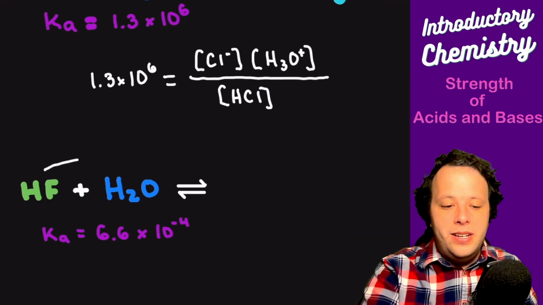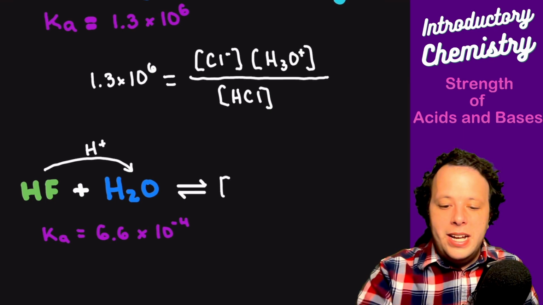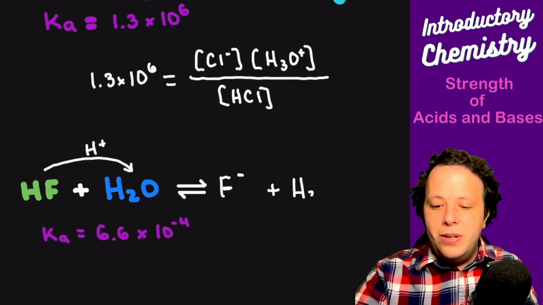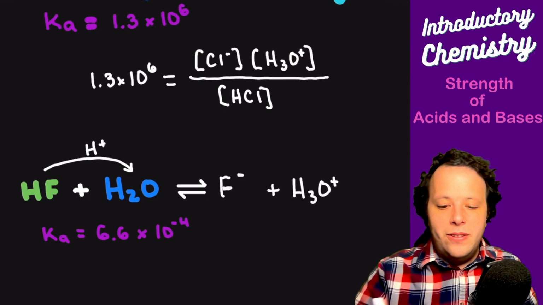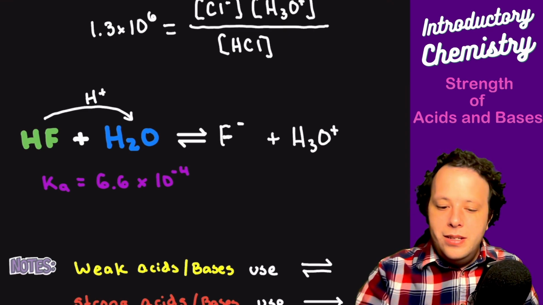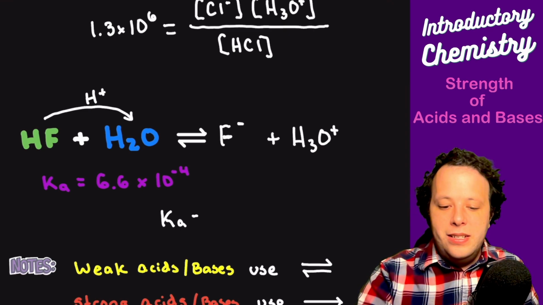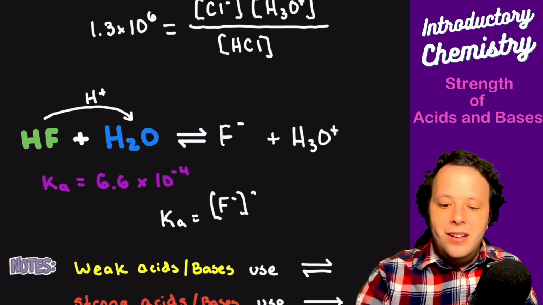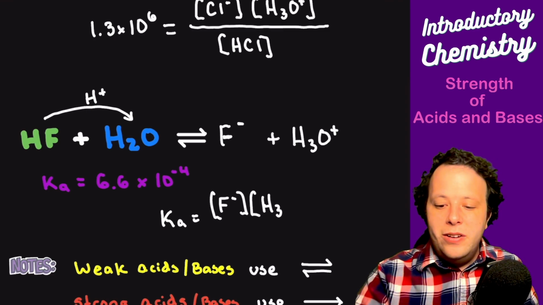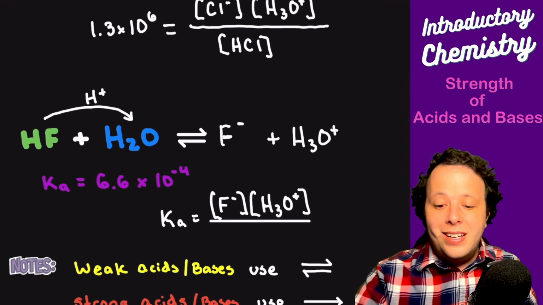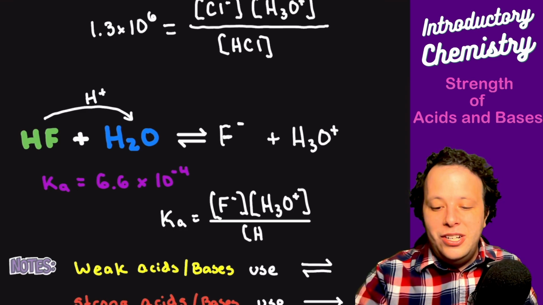So with this one, HF is the acid, so it donates its proton. What we're going to have is F minus left over, and then H3O plus as your other ion. So if we were to write out the Ka, we'd have Ka equal to [F minus] times [H3O plus] all over the concentration of [HF].